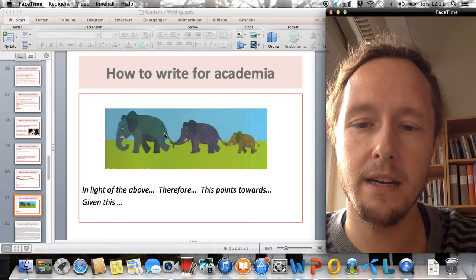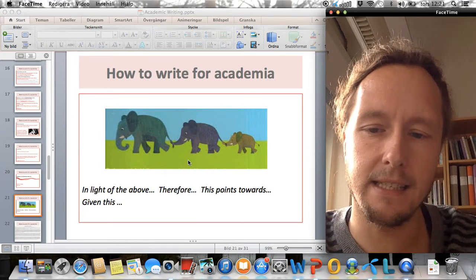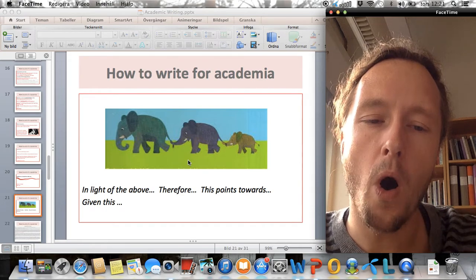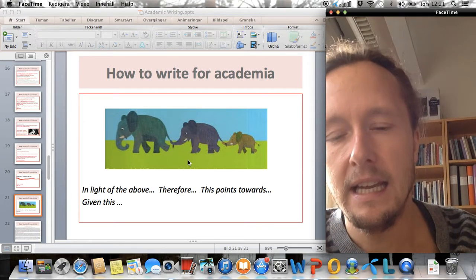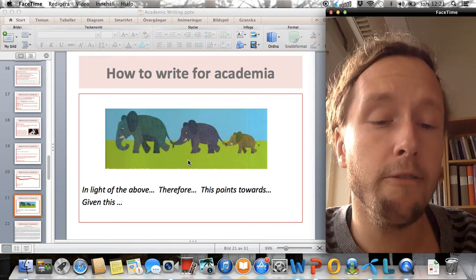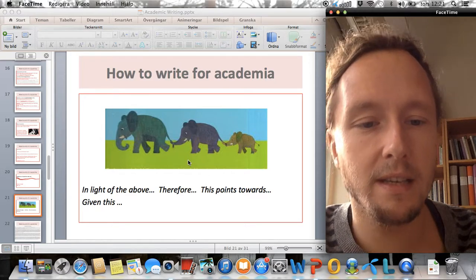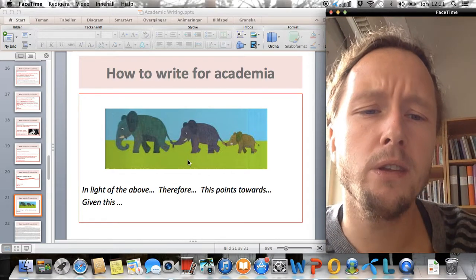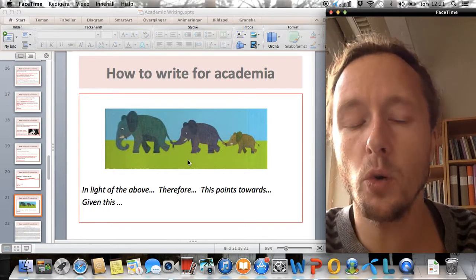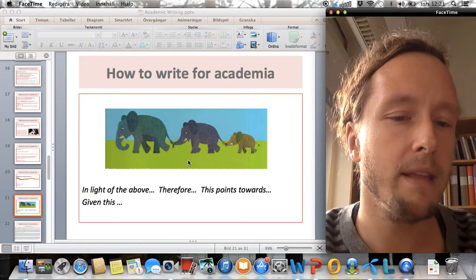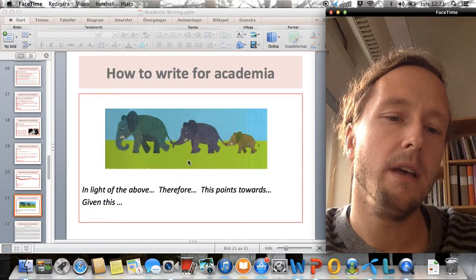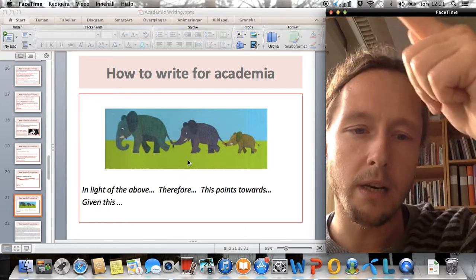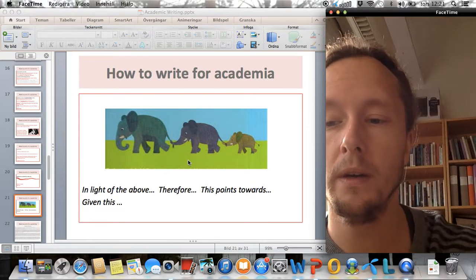So when you go on to the next paragraph, in light of the above, therefore, this points towards, given this, and so on, you don't forget these tail and trunk sentences, as I call them, that tie the text together so the reader can follow how you argue in your text.